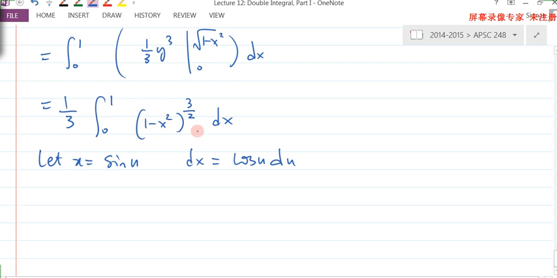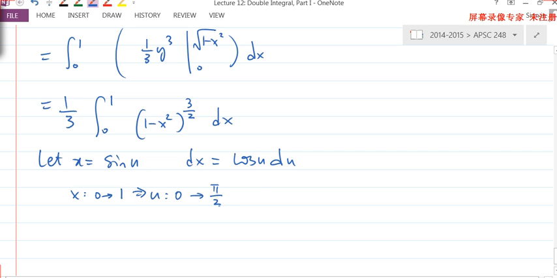If x goes from 0 to 1, then when x equal to 0, u is 0. When x equal to 1, u equal to pi over 2.